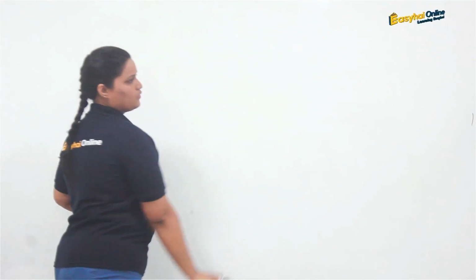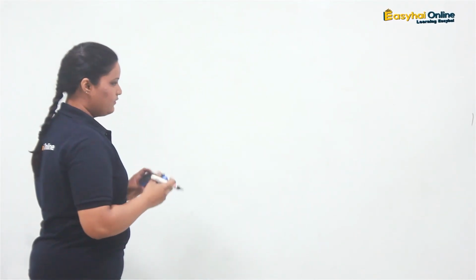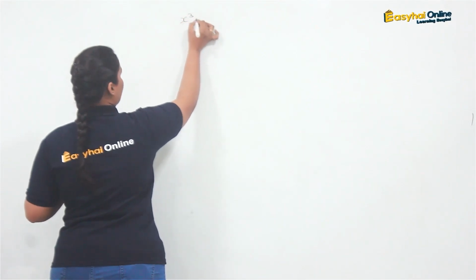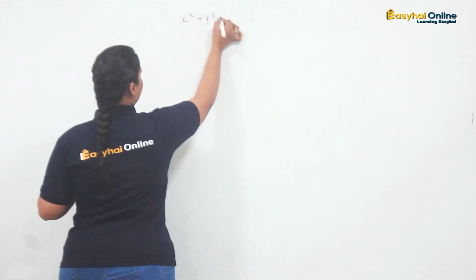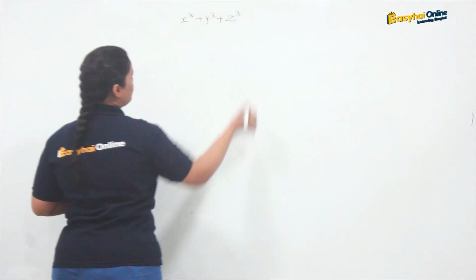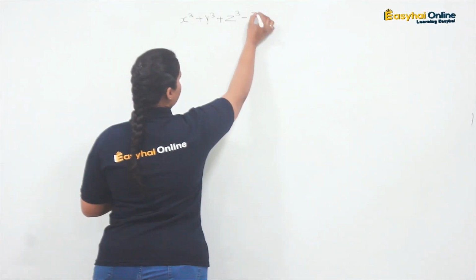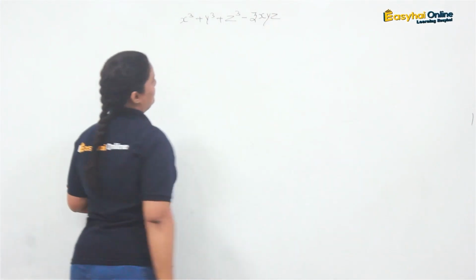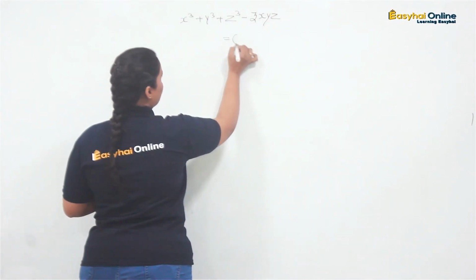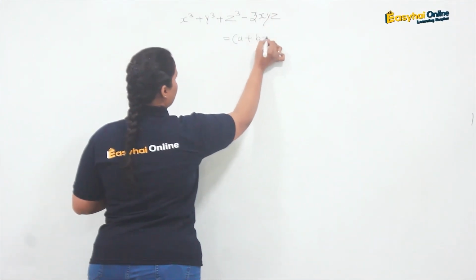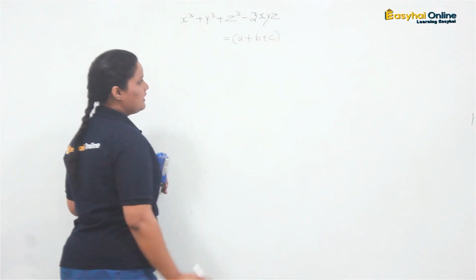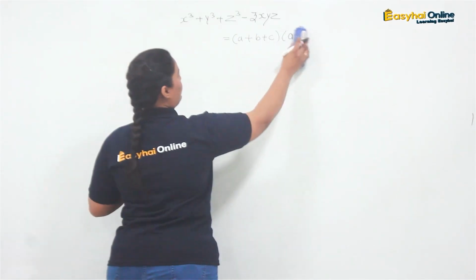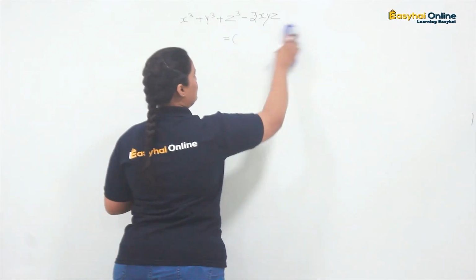So the last identity which I am writing over here is x cube plus y cube plus z cube minus 3xyz. It is equal to (a plus b plus c) into (a square... sorry, I have to write it in terms of x, y and z.